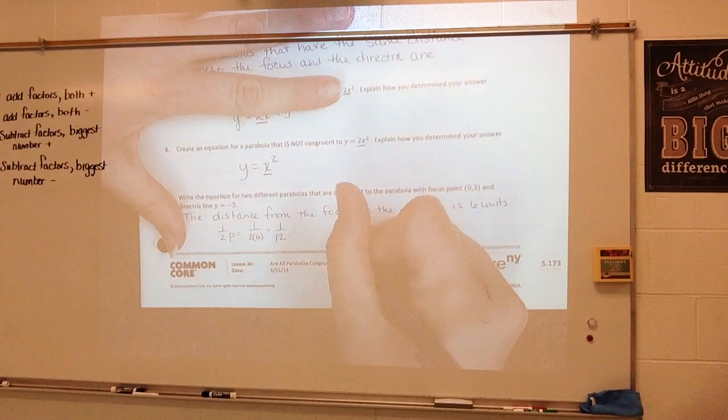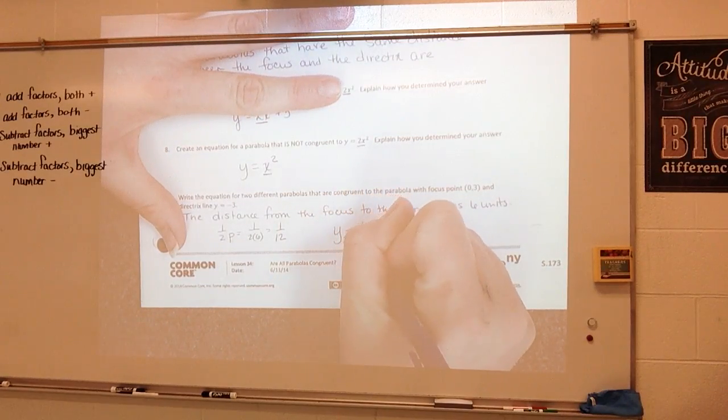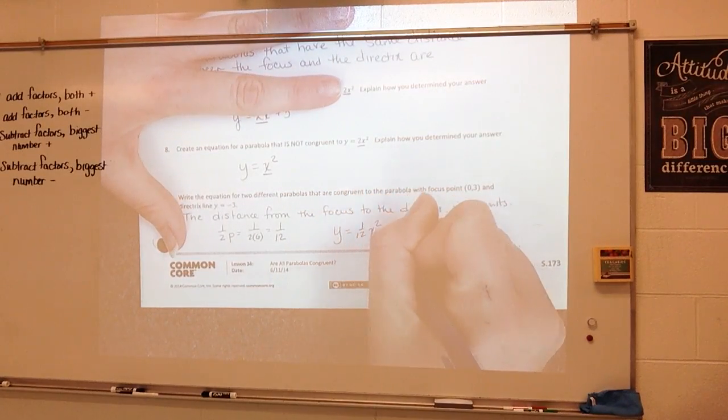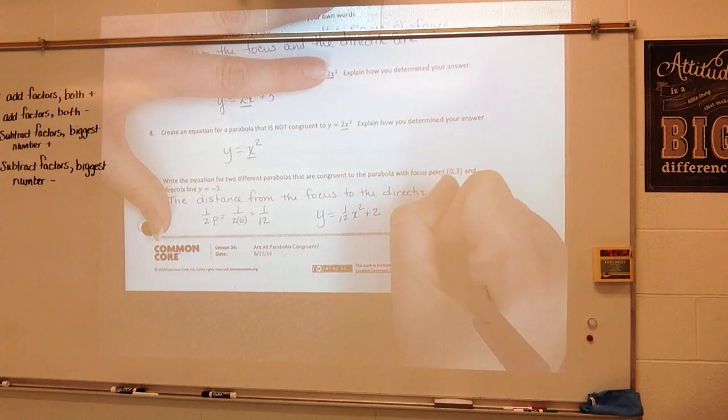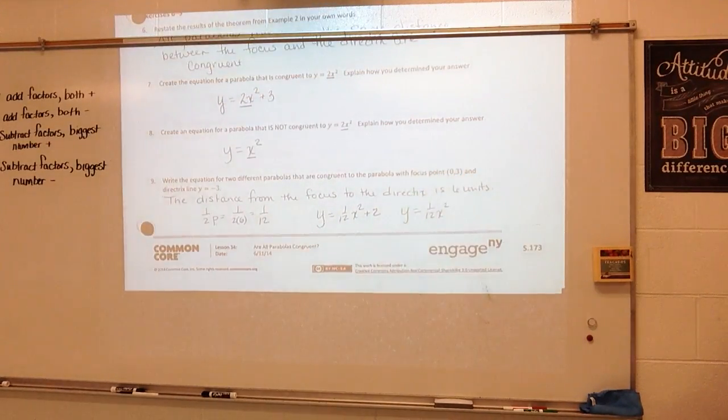So I can say y is equal to 1/12 x squared plus 2. Y is equal to 1/12 x squared, period. Those would be congruent parabolas. They would be congruent.